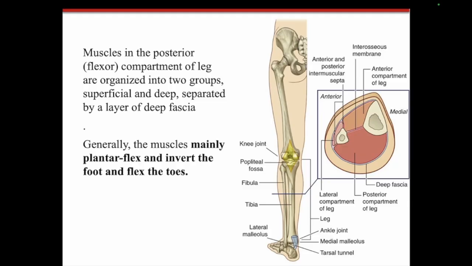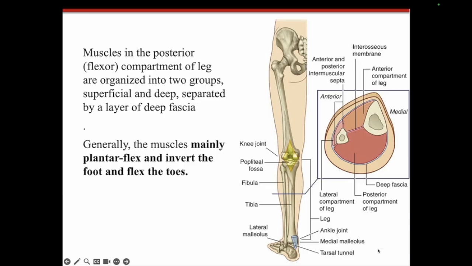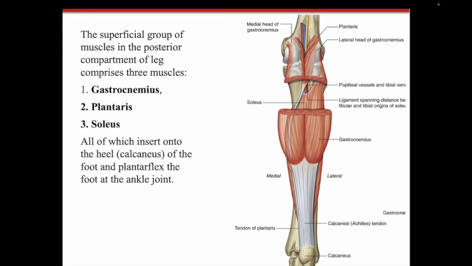So if you look at the posterior part of your leg and imagine contracting all these muscles, you're bringing everything in the foot almost to the floor, or inferiorly. So you flex the toes, you can invert the foot, and you plantar flex the foot.